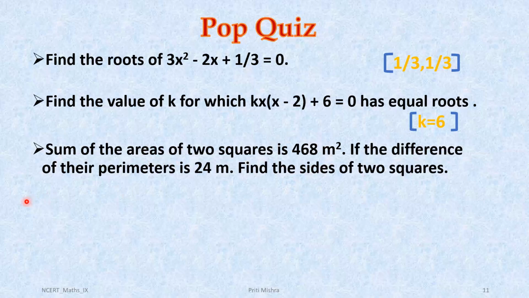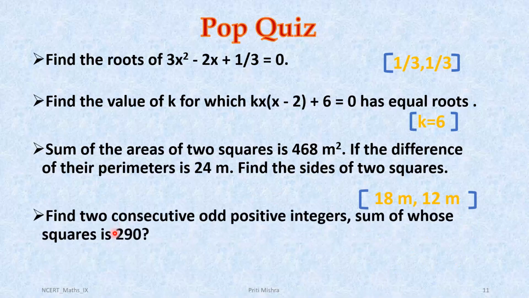And the difference of their perimeters gives 4a minus 4b is equal to 24. Now you can solve. So I hope you have solved it now. So the answer is 18 meter and 12 meter, right?